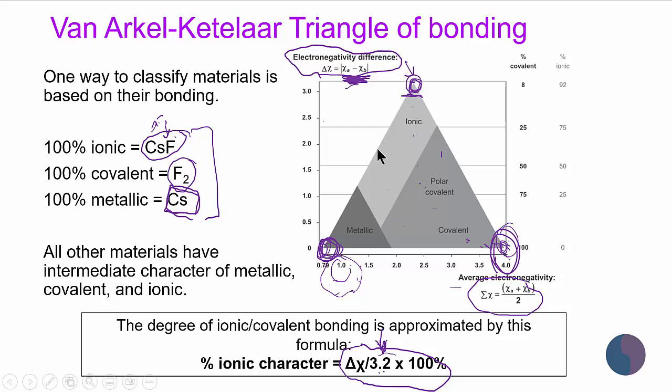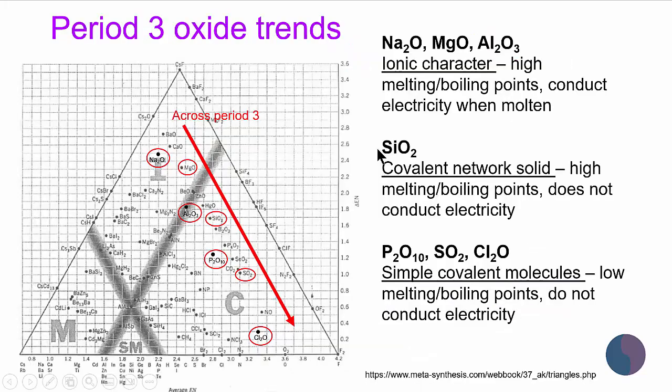Okay, so moving on from there, you're also asked to look at period oxide trends across the periodic table. Now, if you use your data booklet, you'll get some polar covalent across here. I just found the best one I could and plotted the rest. You can see that these ones here in the ionic part are becoming less and less ionic and more polar covalent.